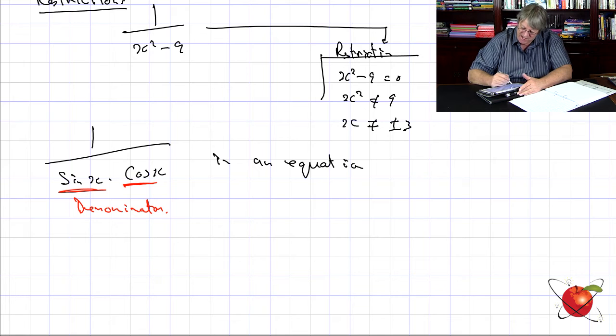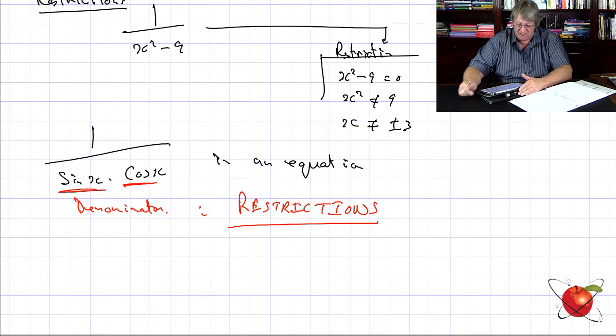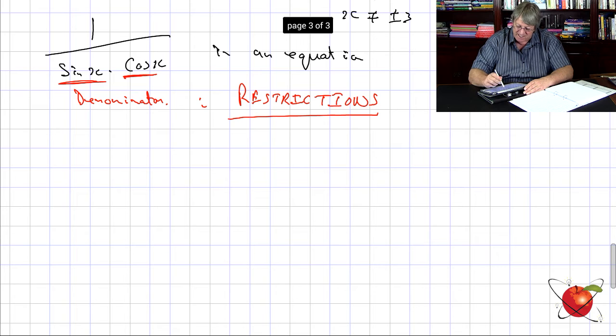Therefore restrictions must apply here. We cannot have that. So we have our box again. We say, sorry, cannot have that.